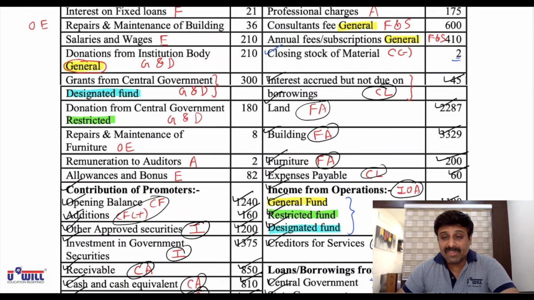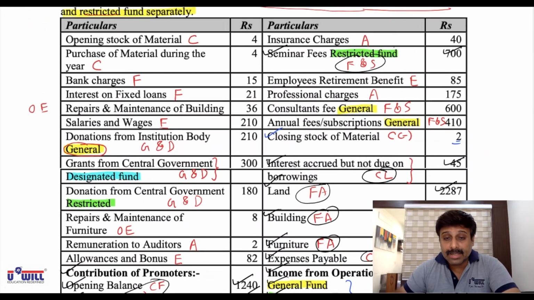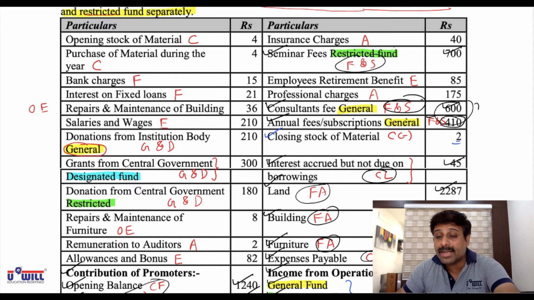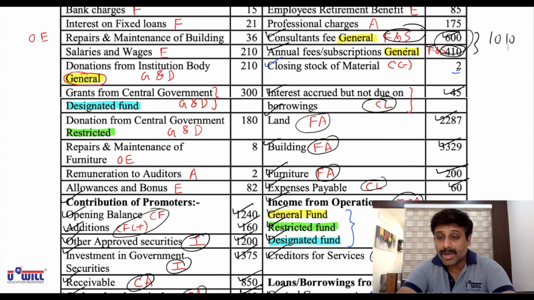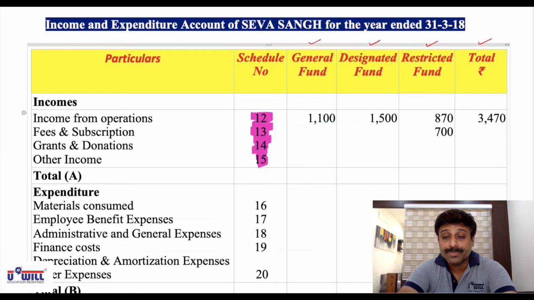Then which other item of F&S is there? Consultants fees is marked as F&S, and that is related to general fund, 600, and annual fees is also related to general fund, 410. So in general column we will write 600 plus 410. How much? 1010. Directly in general fund column you will write 1010.